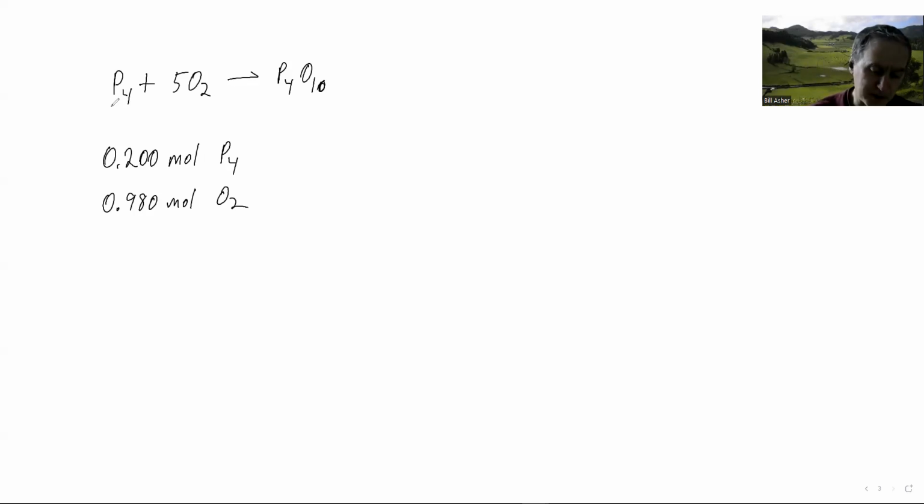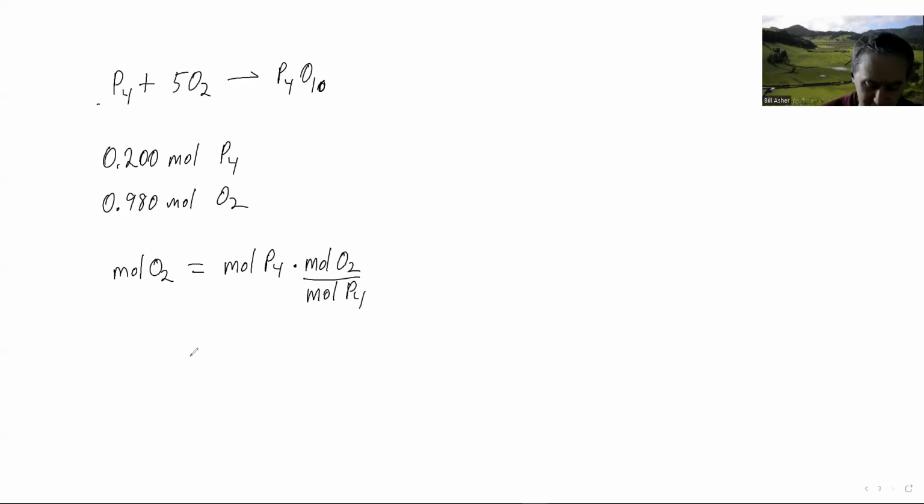Well, now our stoichiometric coefficients aren't 1-to-1, they're 1-to-5, and so it's maybe a little more confusing. But we could approach it the same way we did before, and let's predict how much oxygen we would need for 0.2 moles of P4. In that case, moles theoretical of oxygen is going to equal moles of P4 times moles of O2 per mole of P4, right?